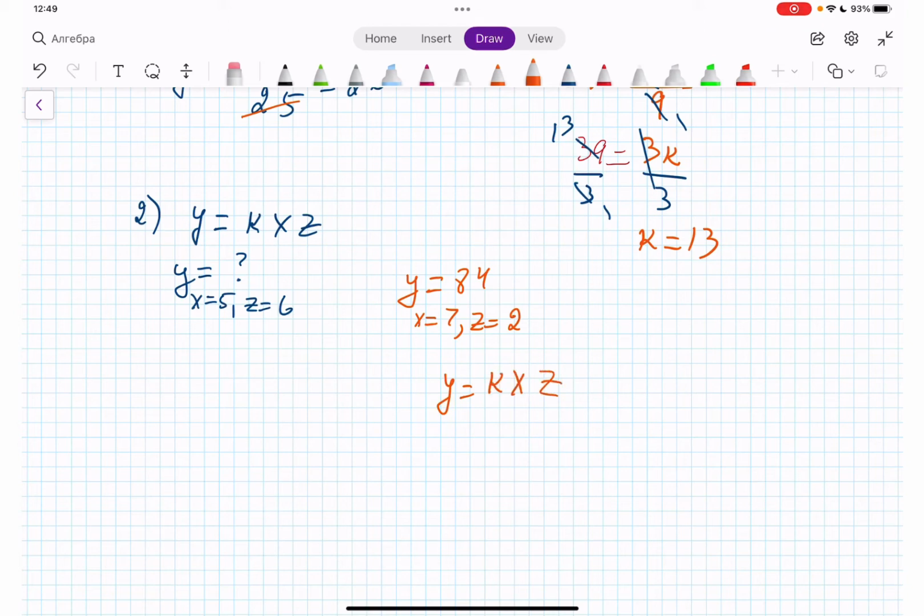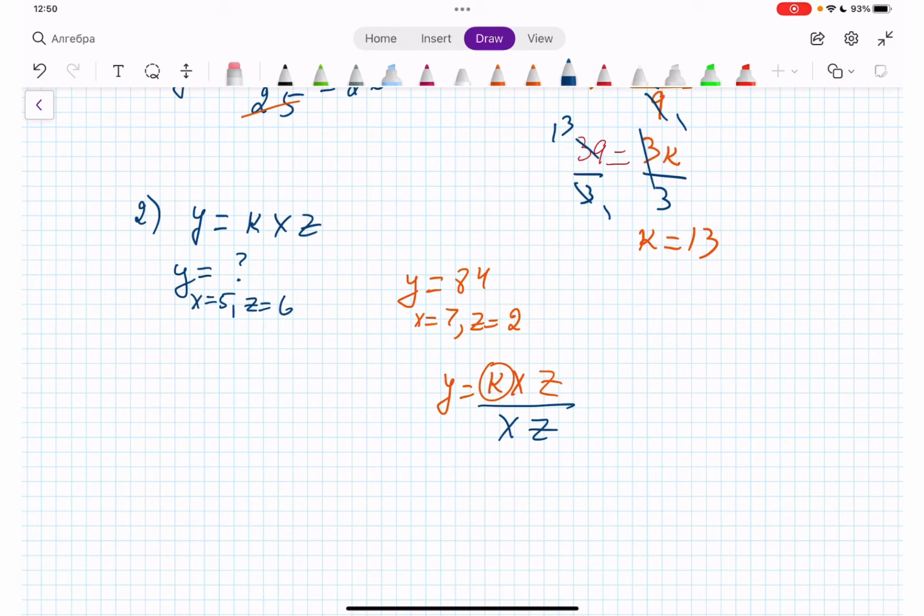We have y, x, and z, so we can find k, right? If we treat it as an equation, x and z are the coefficient for k. So I'm going to get rid of them by doing the opposite operation to multiplication, which is division, because I need to get only k.